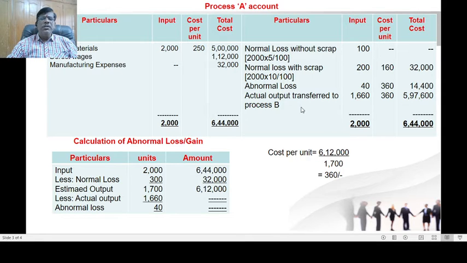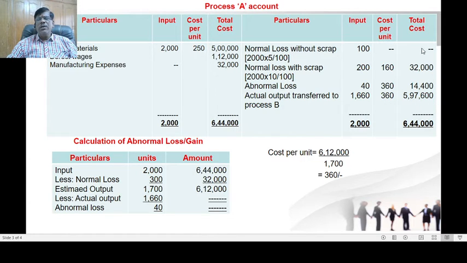While writing the abnormal loss, 40 units, rate per unit is 360. You multiply 40 into 360, you will get 14,400. Then the actual output transferred to process B is 1,660 at rate 360, you will get 5,97,600.